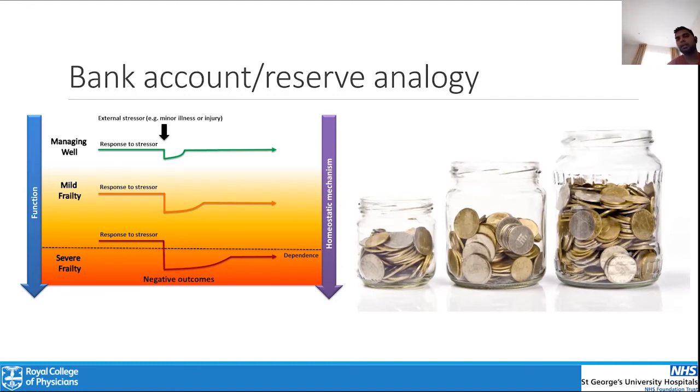And so actually there comes a time where there isn't enough left of that reserve, and so it results in that decompensation and lack of recovery and lack of reversibility.